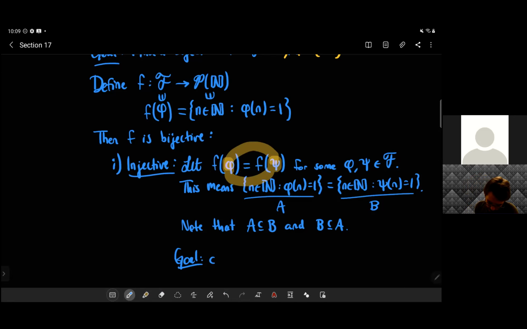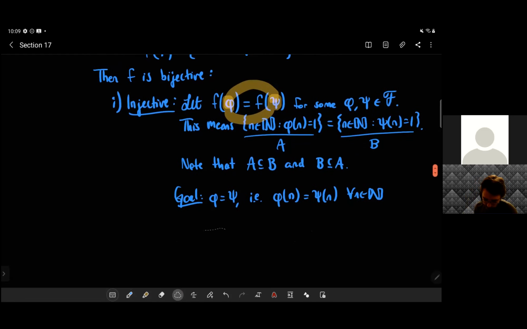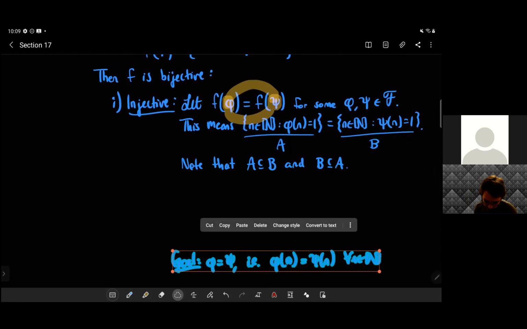So if I want to show phi equals psi, I really want to show phi of n equals psi of n for all n in the naturals, since we're dealing with naturals. That's my goal for injectivity. So let's keep that down here.